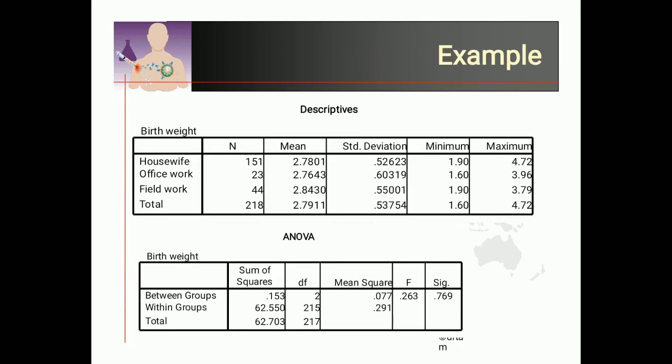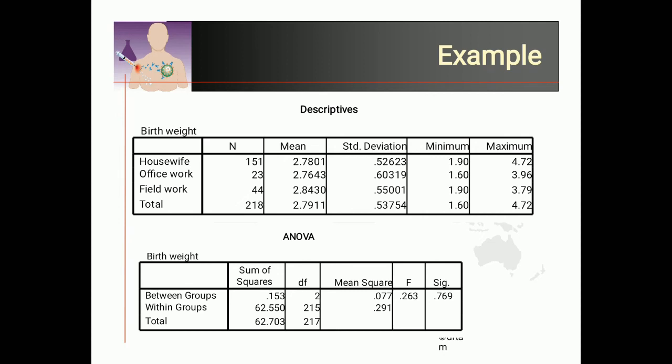Now you can see the table. The first table is the description of the data, and the second table shows the values we find after calculating ANOVA. In the description, there are three classes: housewife, office work, and field work.